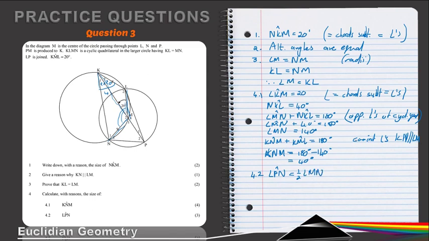And our reason is that the angle at center is 2 times angle at circumference. So this is then half of 140, which then gives us 70 degrees.